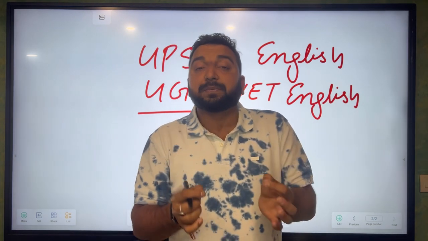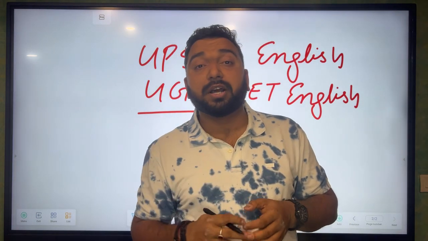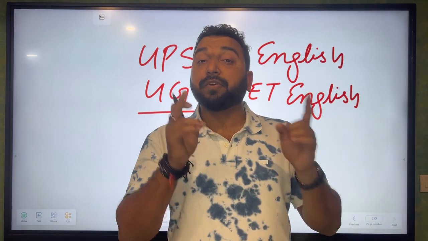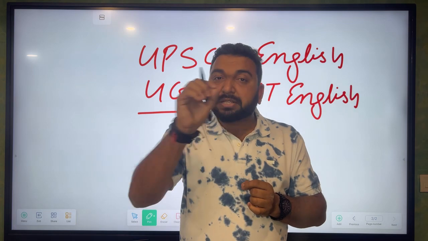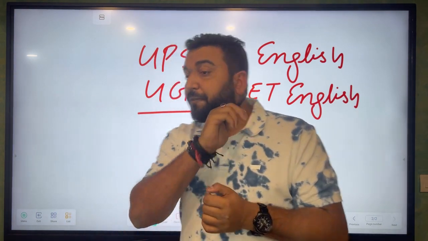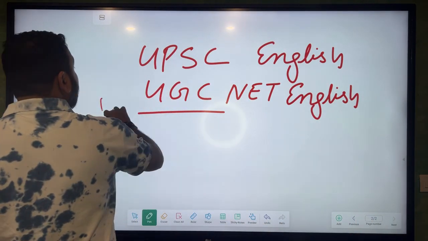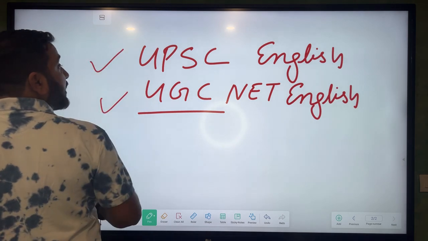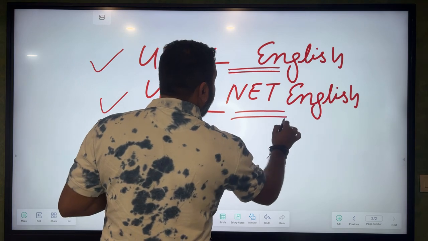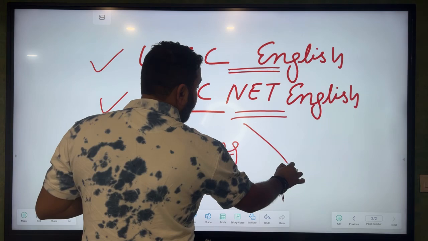UPSC wants in-depth knowledge. So they have common names: William Shakespeare, Tempest, King Lear, they have John Donne, they have W.B. Yeats. Common names, big names, big works. But when you read these works, this is not basic work, basic explanation. These are in-depth topics. So first thing, those who think that if you are preparing for UGC NET English, that will be enough for UPSC, or if you are preparing for UPSC, that will be enough for NET, in both cases your approach is wrong.